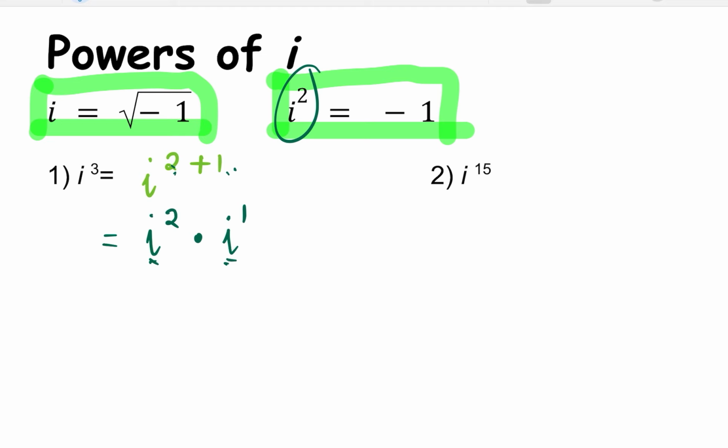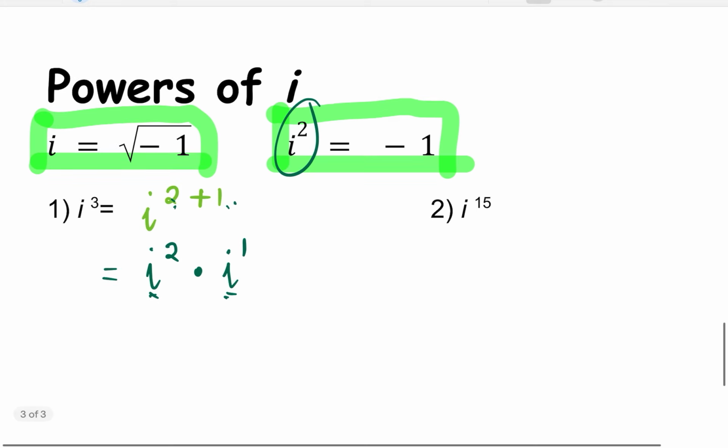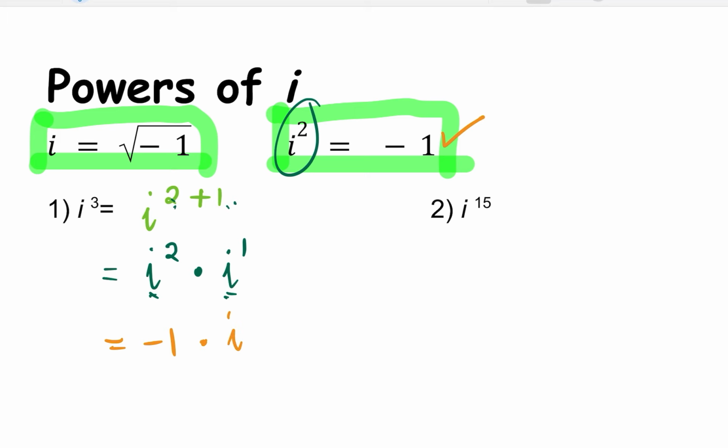So we can add exponents, or we can expand it, just like what we're doing right now. And i squared is equal to -1. So instead of writing i squared, we are going to write -1, and then we're going to drop i by itself.